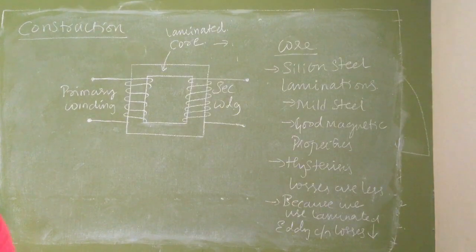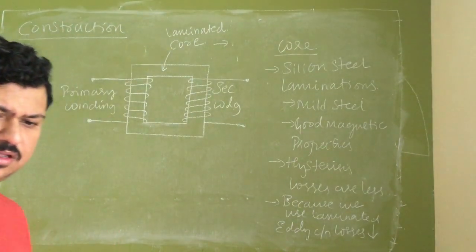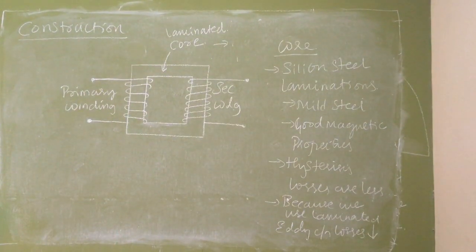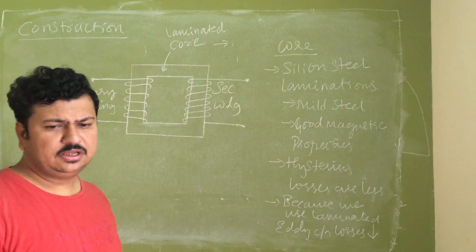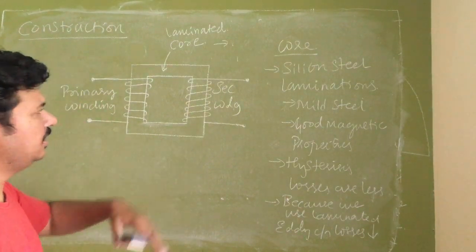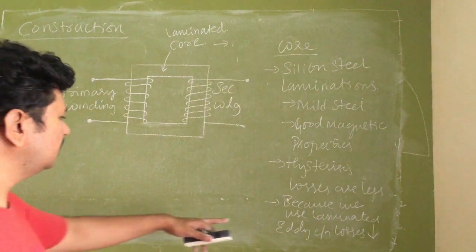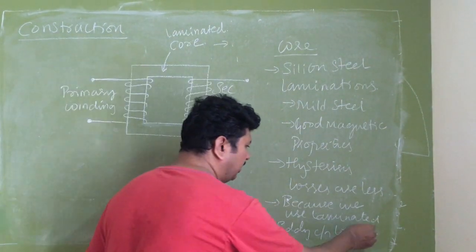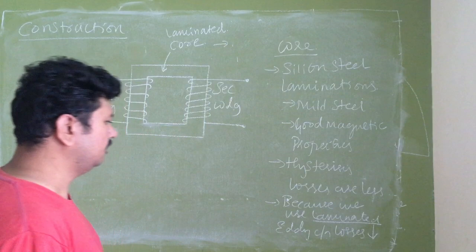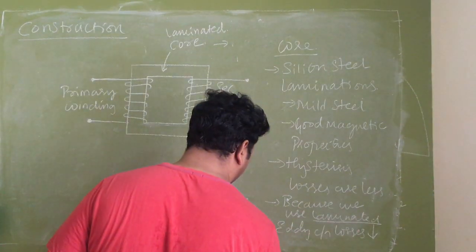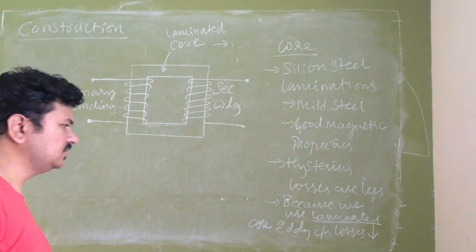We will see what eddy current losses and hysteresis losses are when that point comes in the discussion. Just now, remember that the losses in the core are generally less with the use of silicon steel material, which is good in its magnetic properties, and because of the use of laminations or laminated core, eddy current losses are less.